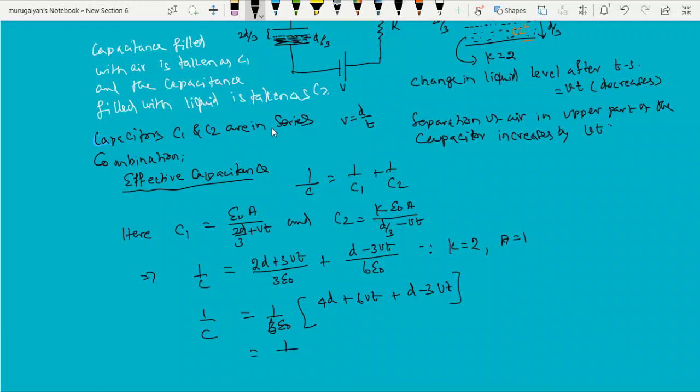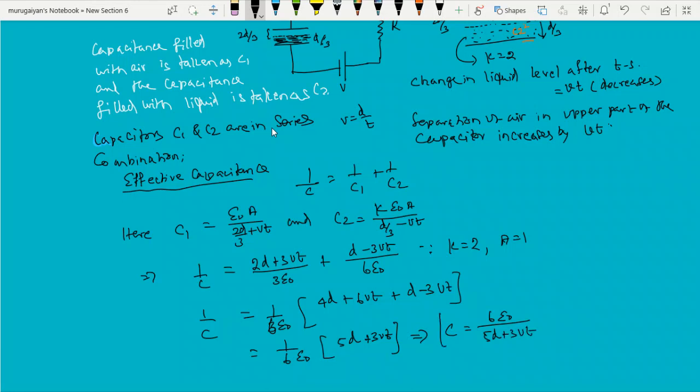Then 1 by 6 epsilon naught times (4D plus D is 5D, 6Vt minus 3Vt is 3Vt). This implies the effective capacitance C equals 6 epsilon naught divided by (5D plus 3Vt).